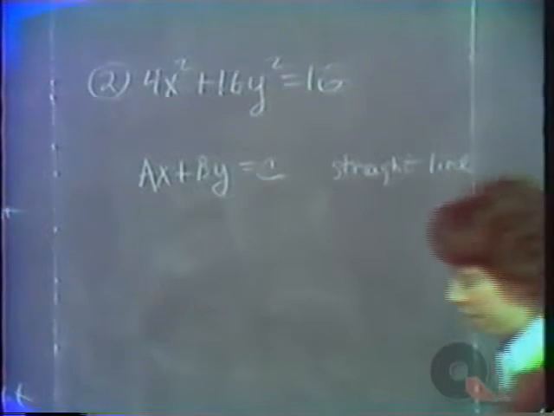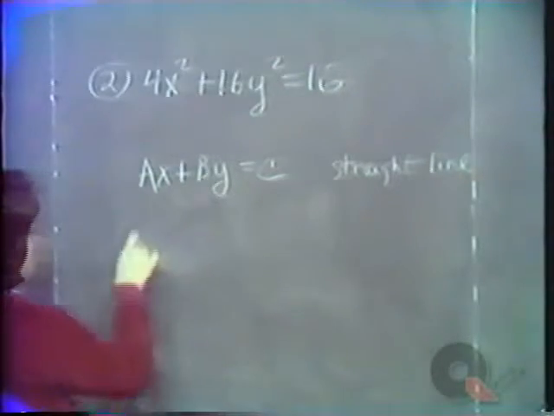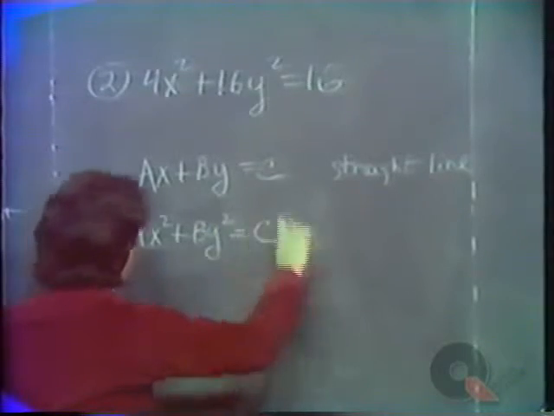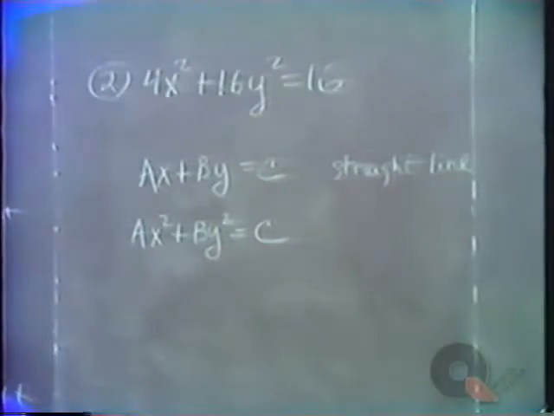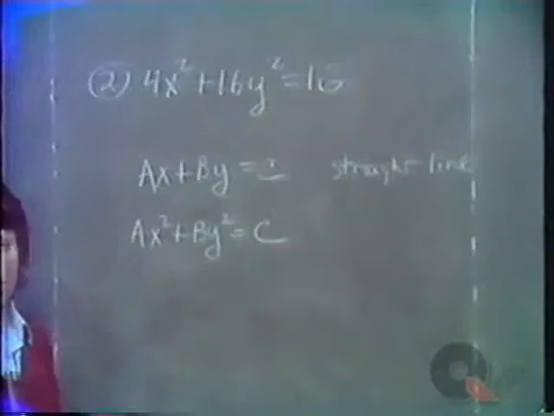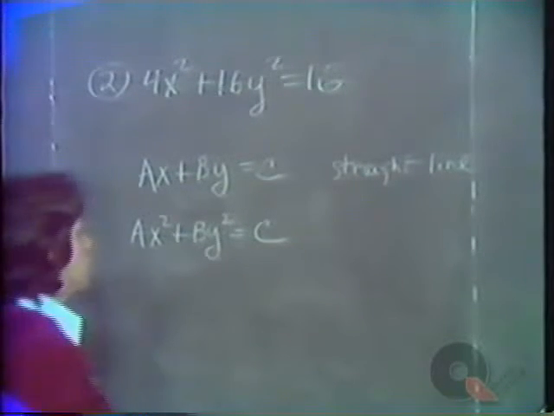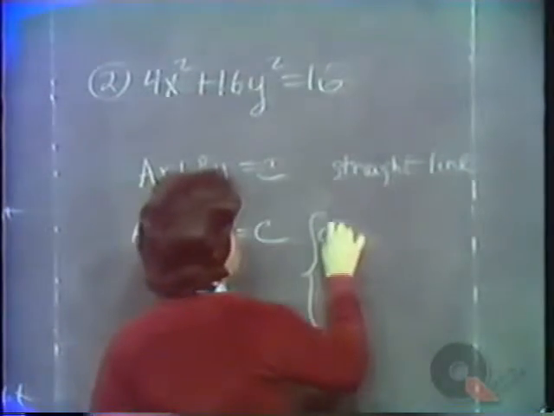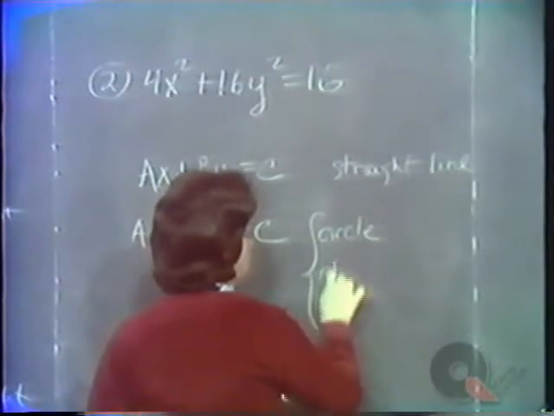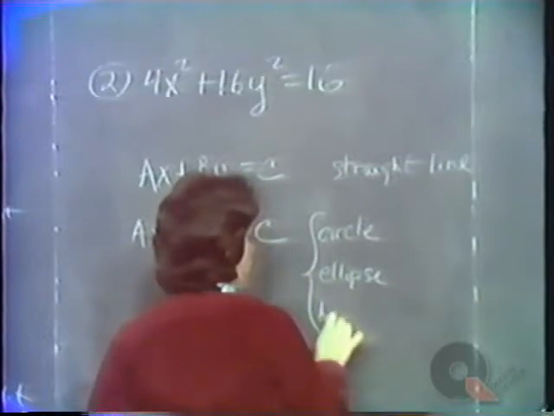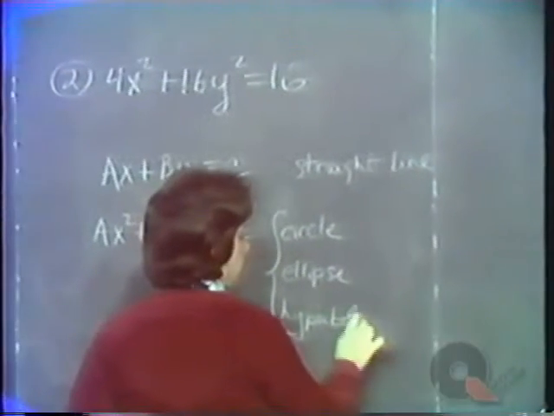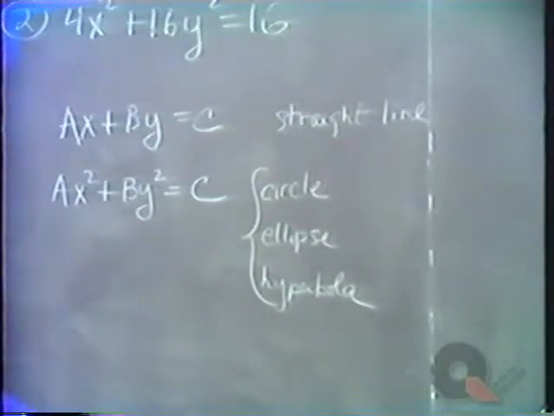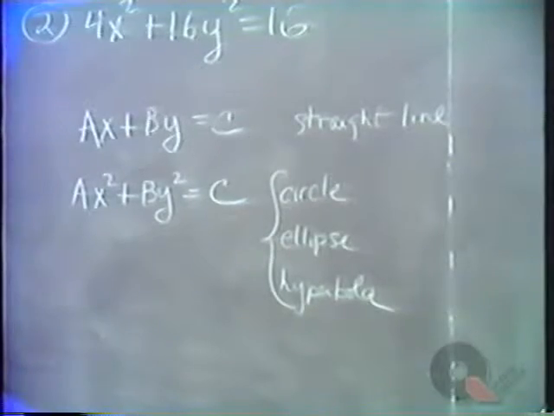On the other hand, if we have ax squared plus by squared equals c, but now x and y are both squared, we have various possibilities. We might have a circle, we might have an ellipse, and we might have a hyperbola. And what it is depends on the coefficients, the constants a, b, and c here.